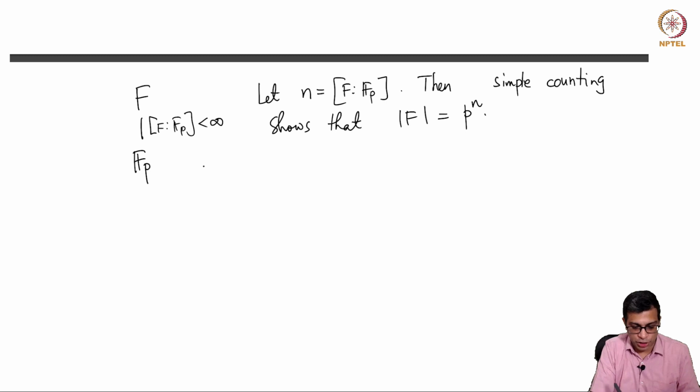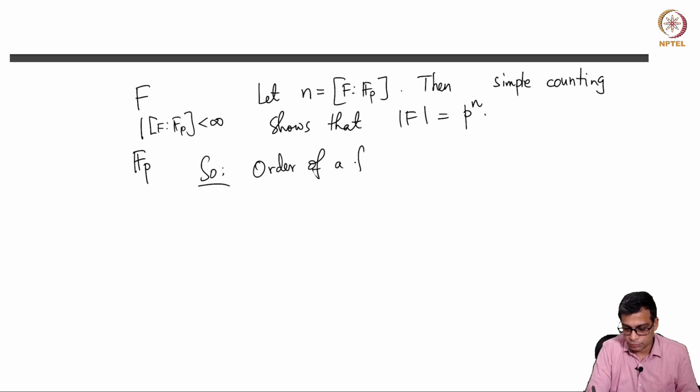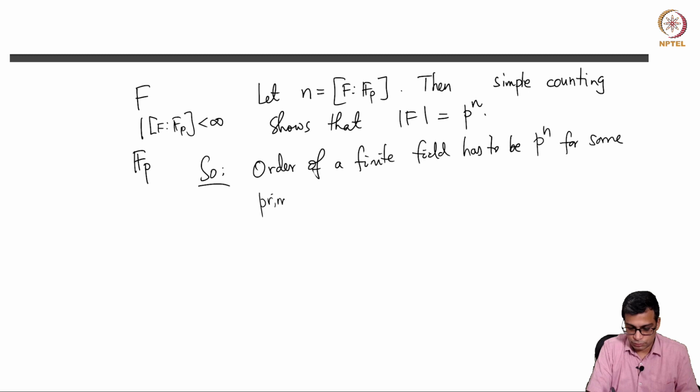So in conclusion, the order of a finite field has to be p power n for some prime p and positive integer n.